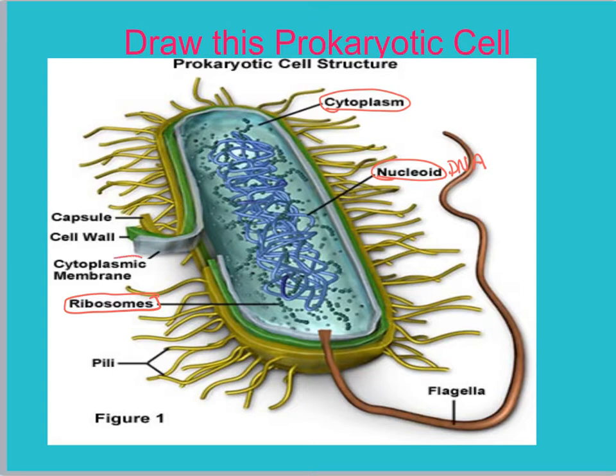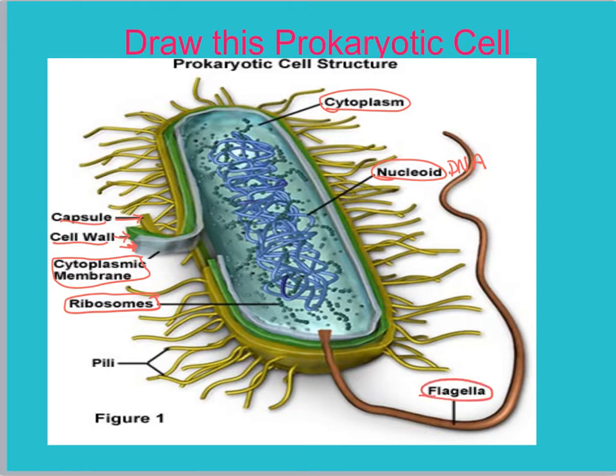So then you have your cell membrane, okay? That's this gray layer here. Then you have your cell wall. Then you have your capsule. Again, you don't always have those things, but bacteria usually do because they're unicellular and they need something to protect them. They're unicellular, so they also need some way to move.